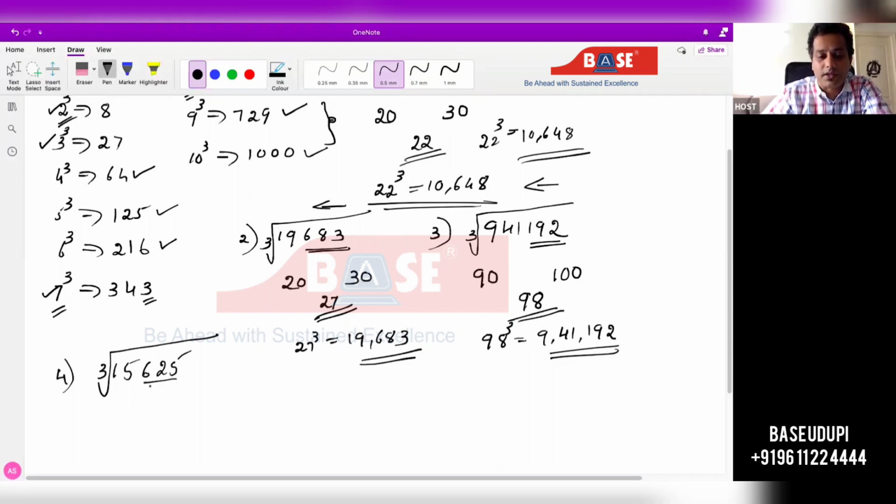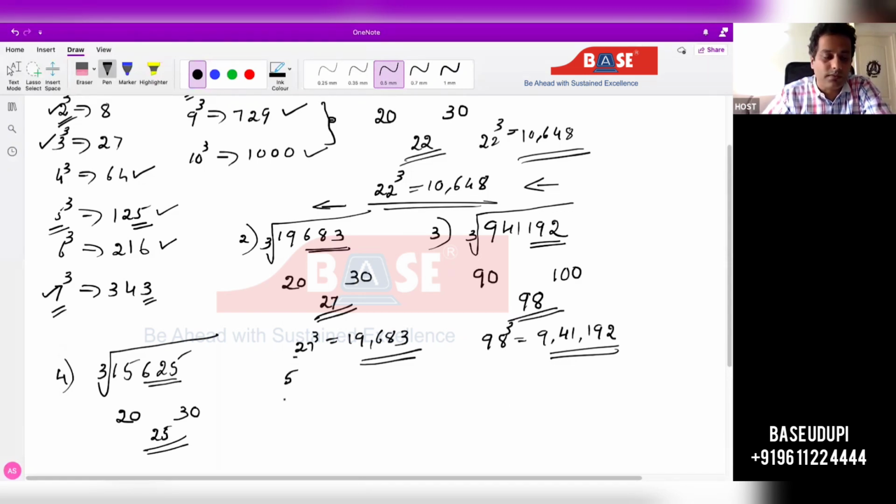The last 3 digits are 625. What is left out is 15. 15 is between, again, 2 cube and 3 cube. Between 20 and 30. Any number that ends with 5, the answer also ends with 5. Between 20 and 30, the only number which ends with 5 is 25, isn't it?